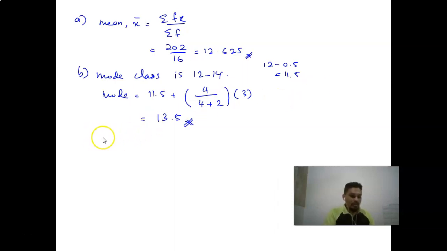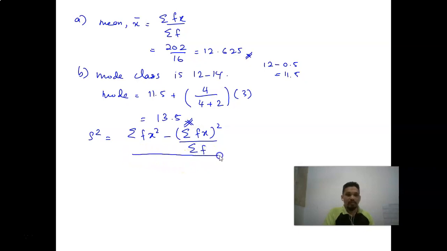The standard deviation, okay, variance first, we look and find the variance, which is summation of fx squared minus summation of fx squared divided by summation of f, and everything divided by summation of f minus 1.